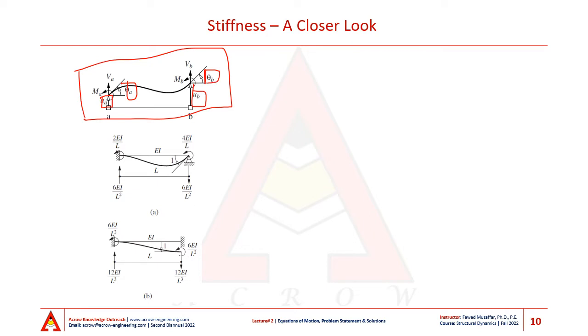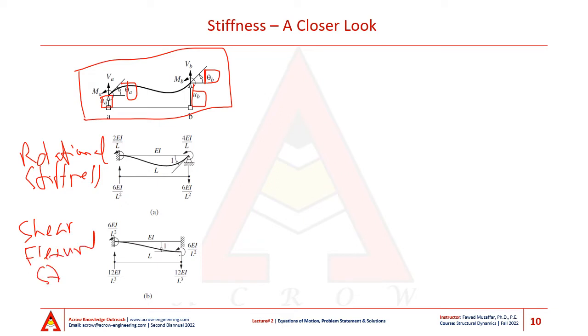And there are two fundamental types of stiffnesses associated with the frame element. The first type of stiffness associated with the frame element is called the rotational stiffness of the frame element. And the second type of stiffness is called the shear flexural stiffness.